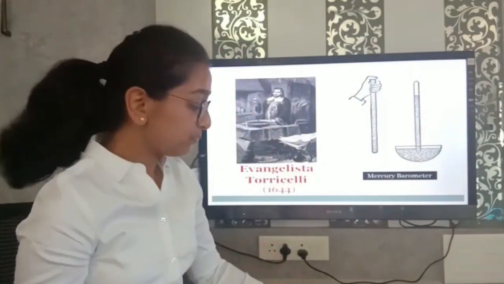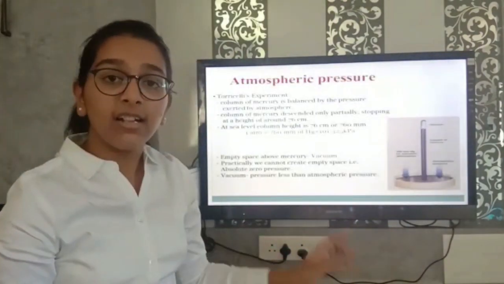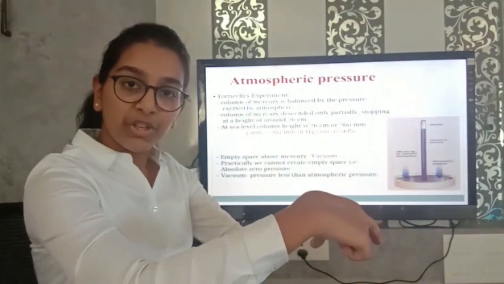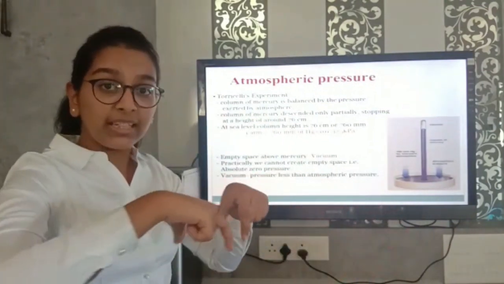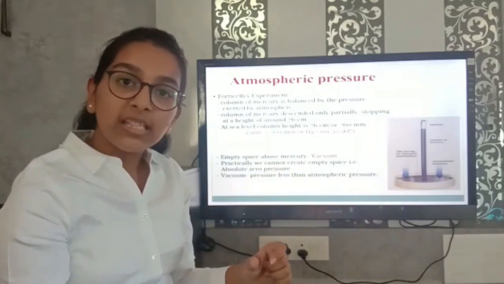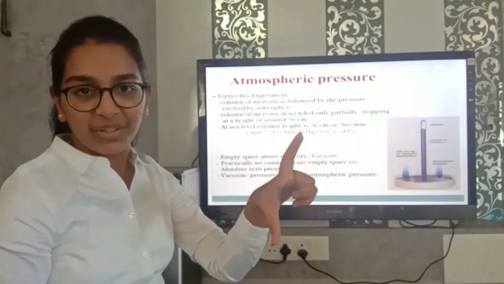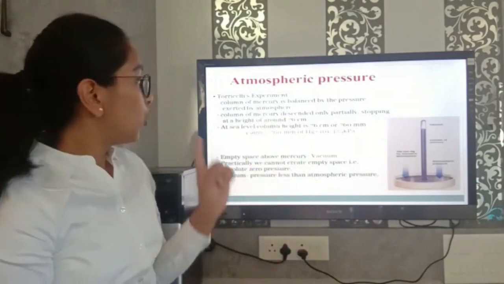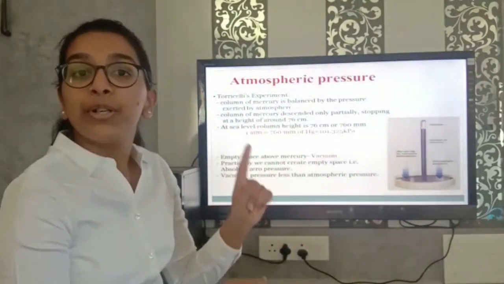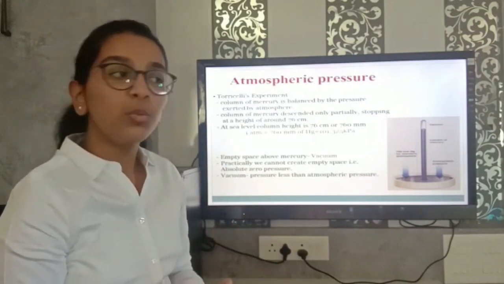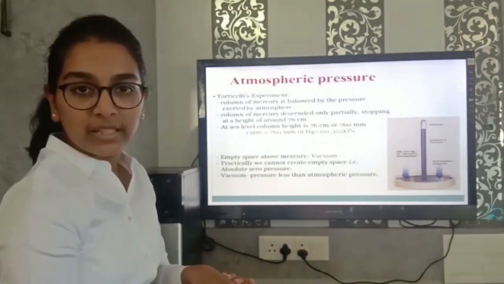Why was this so? Torricelli said that this was because the atmosphere exerted some pressure on the surface of mercury in the bowl, which balanced the 760 millimeter column of mercury in the tube. So he said that 1 atmospheric pressure is equal to 760 mm of Hg, which is approximately equal to 101 kilopascal.